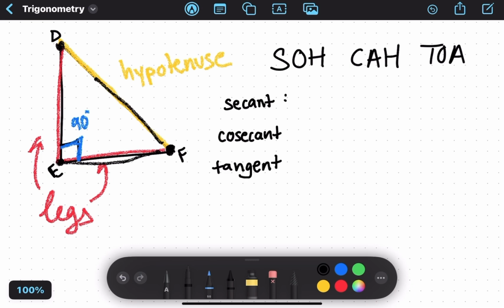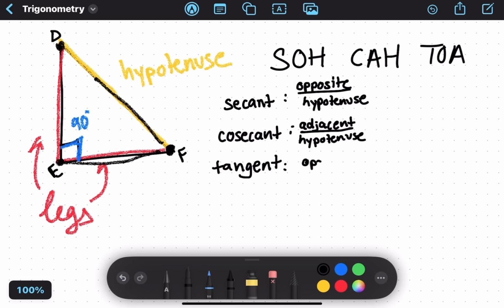A secant is equal to the opposite over the hypotenuse. Cosecant is equal to the adjacent over the hypotenuse. And the tangent is equal to the opposite over the adjacent.